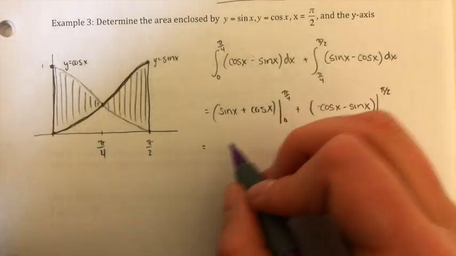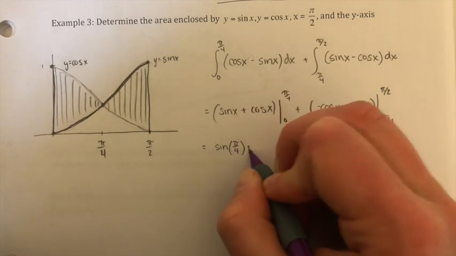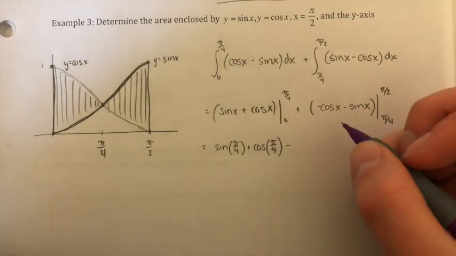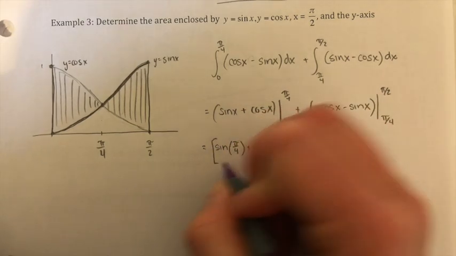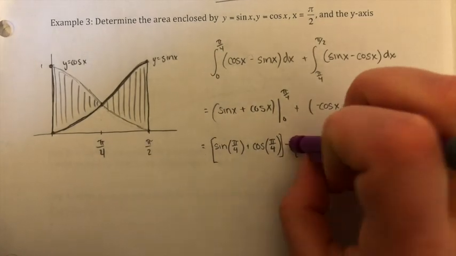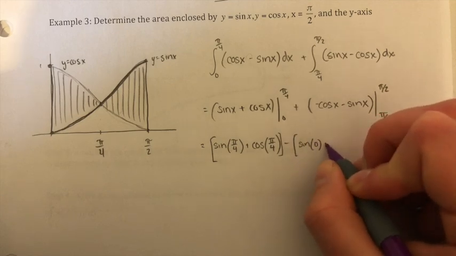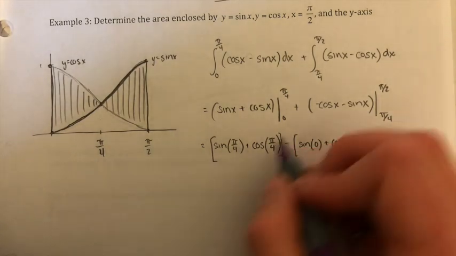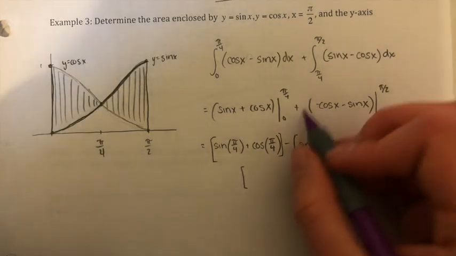So now we're just going to plug those things in. So we're going to do sine of pi over 4 plus cos of pi over 4 minus, put those in big brackets, minus sine of 0 plus cos of 0. Okay, so that's this section, and then plus this part.